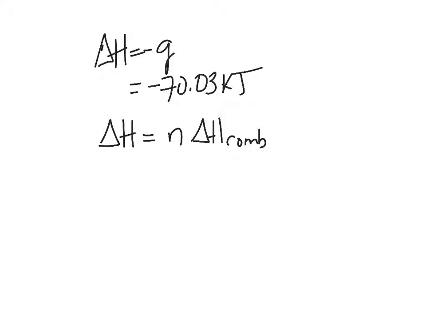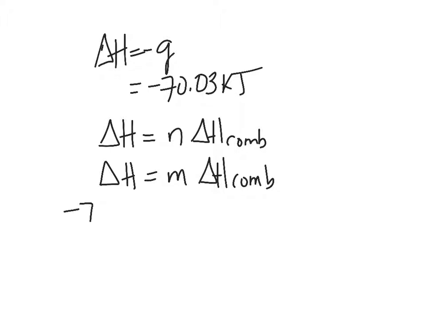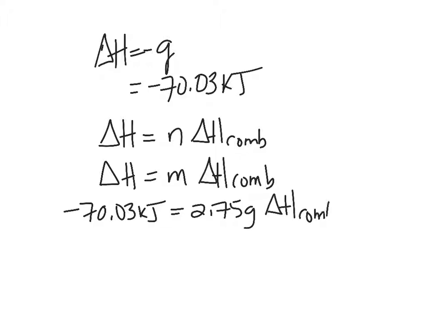So we will have to put in the only information that we know, and that is our mass. So negative 70.03 kilojoules is equal to 2.75 grams times the enthalpy of combustion.